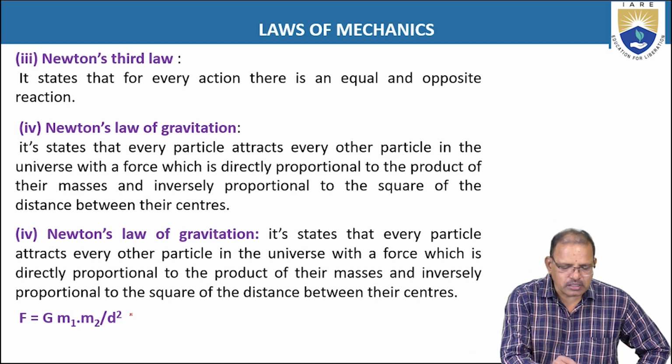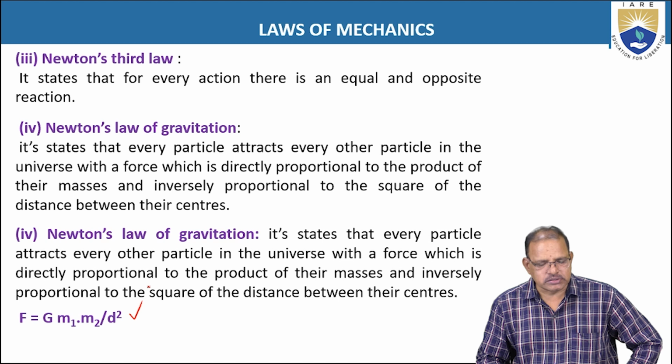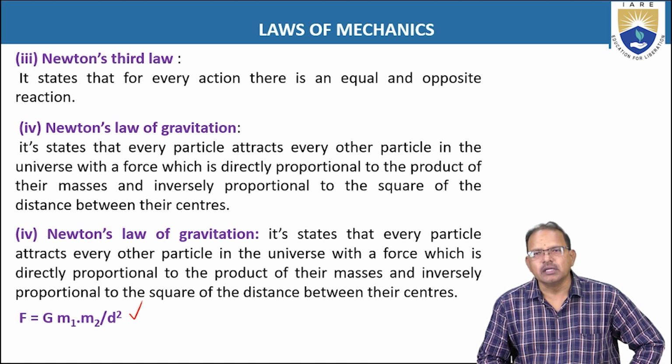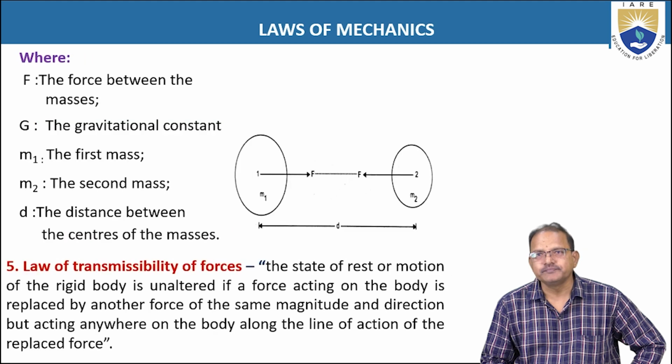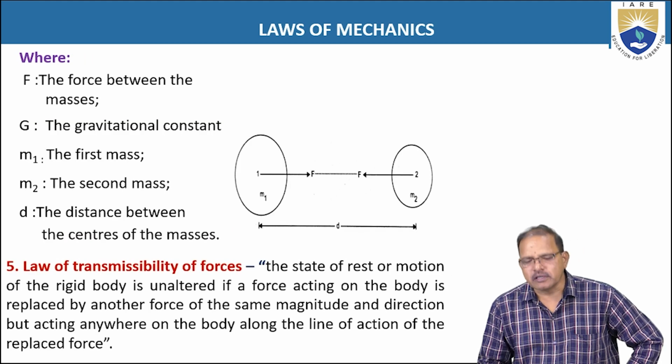It can be written as F equals G times m1 m2 divided by d squared.